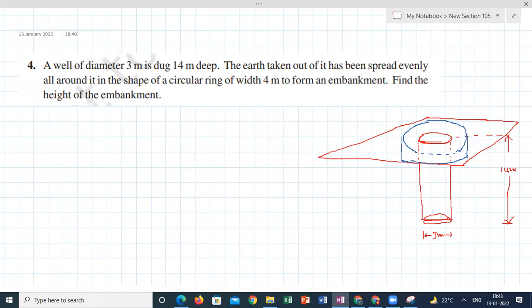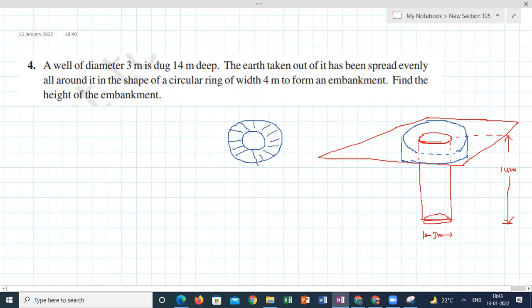And this embankment has a width of 4 meter, a circular ring. Suppose this is the well and this is the embankment. It's like a construction. So the width is like this, and the embankment is up to only here. Let's see some Google pictures related to this.